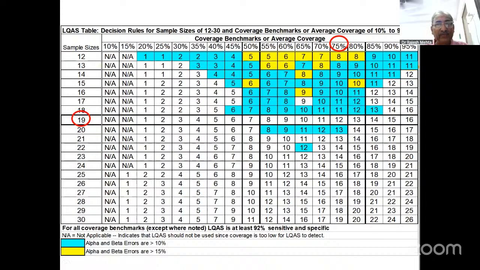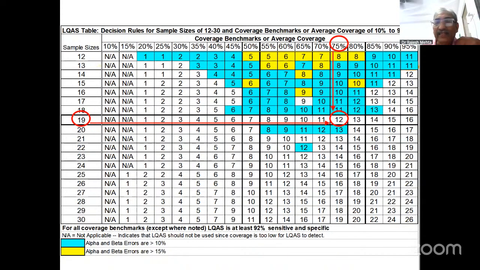And suppose out of that, 12 were covered. You see, LQAS table, decision rules for sample size of 12 to 30 and coverage benchmarks or average coverage of 10% to 95%. When out of 19, 12 people were given pediatric care, it means that coverage could be 75%.